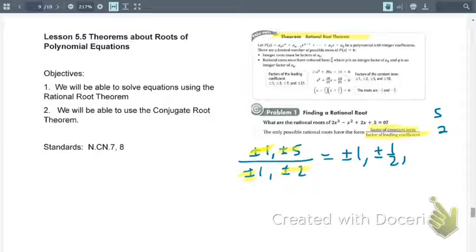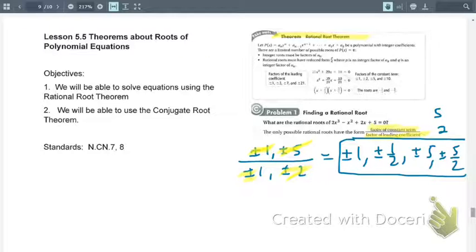And finally, plus or minus 5 divided by plus or minus 2 is plus or minus 5/2. And so here are the possible rational roots for that equation. And when we say roots, those are also the solutions, the x-intercepts, the zeros. They all mean the same thing.